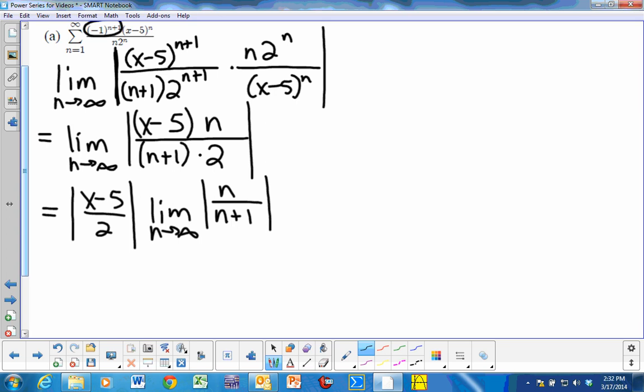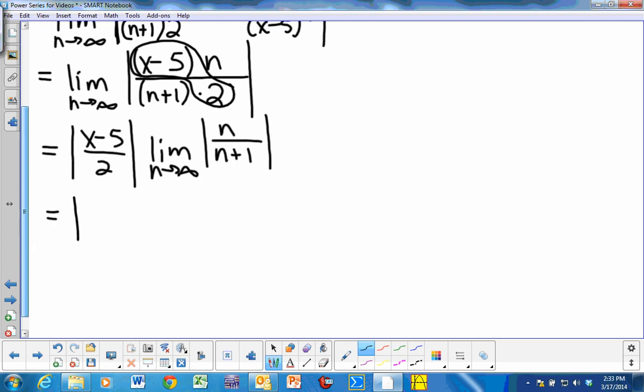But we're multiplying by 2 and we're multiplying by x minus 5. So we can simply make the product of that go out in front. Just like if you had 7 times n over n plus 1, you could put the 7 in front. So you've got to remember, x here is actually a constant. It's playing that role of a constant, and n is the thing that's changing.